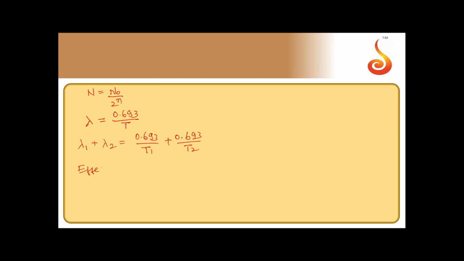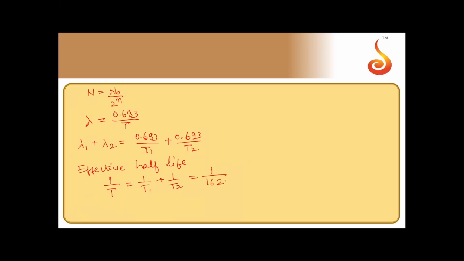So the effective half-life is given by 1 by T equal to 1 by T1 plus 1 by T2.